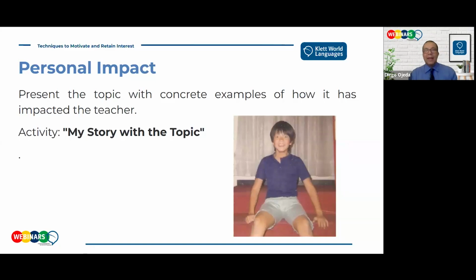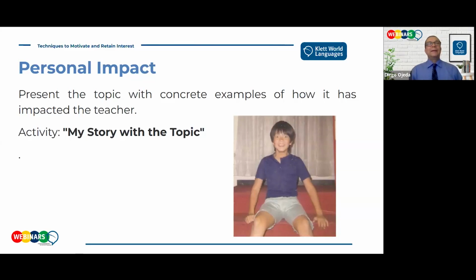On this picture, I was extremely excited, as you can see, because we were going to go to the beach for the first time ever. So I was just jumping, very happy, and my mom happened to take this picture because I was that excited.